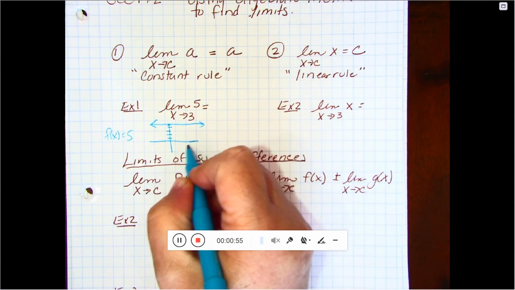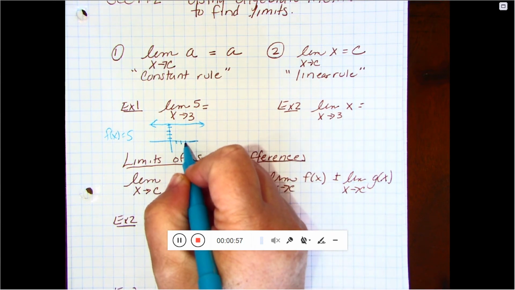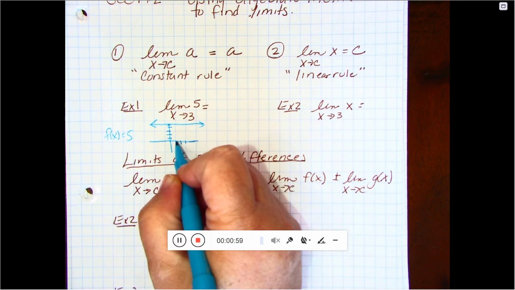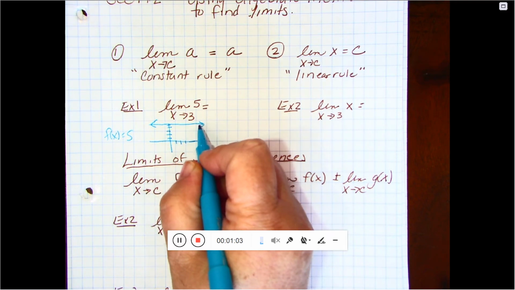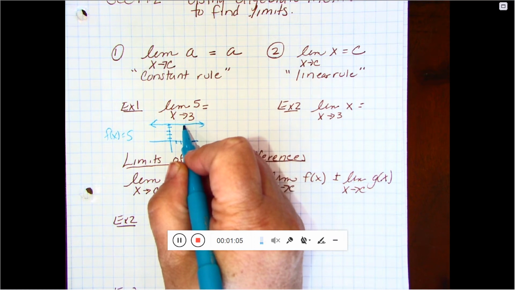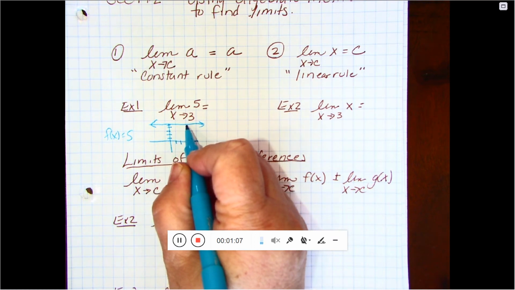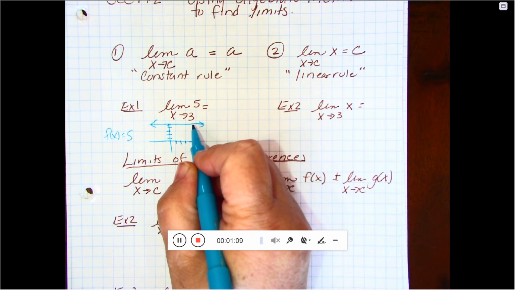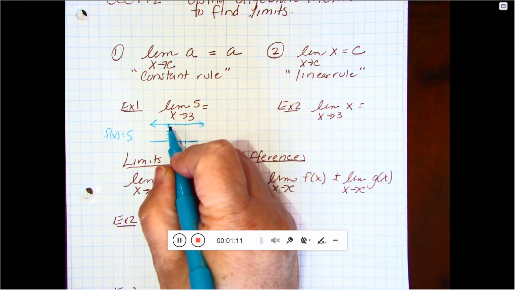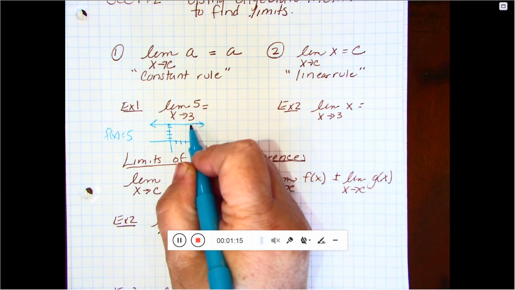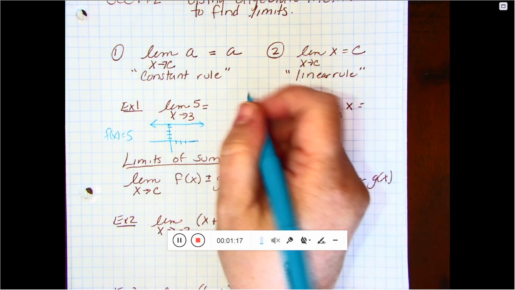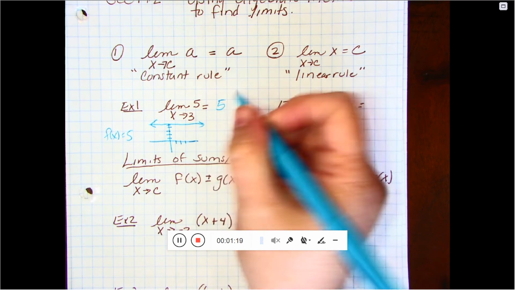So as x is going towards 3 on the function, y is constantly staying 5. So as x approaches 3, y is approaching 5 from both sides. From the left, it's approaching 5, and from the right, y is approaching 5, because y is constantly 5. That's why it's called the constant rule.